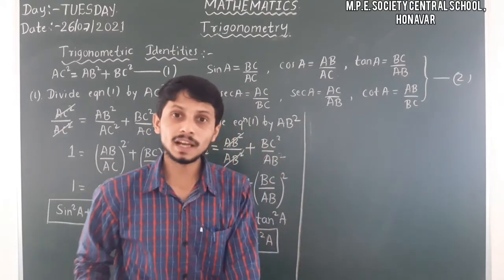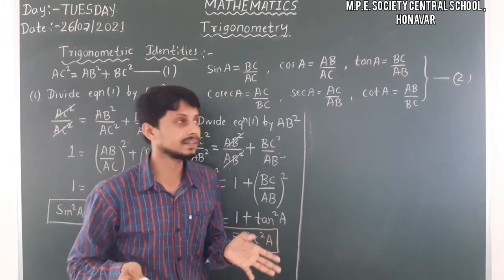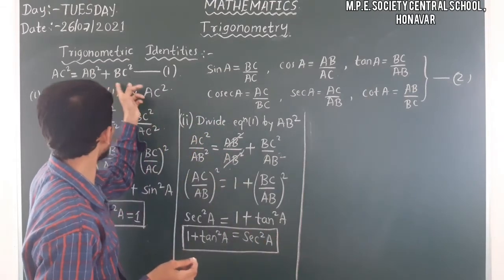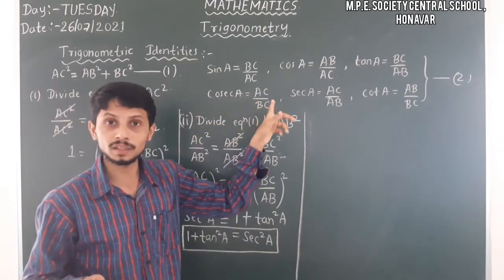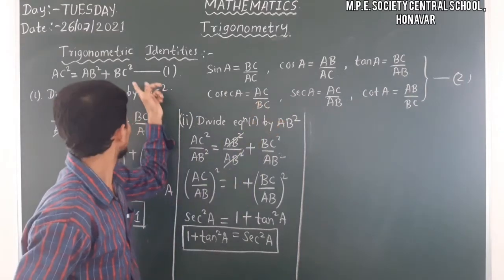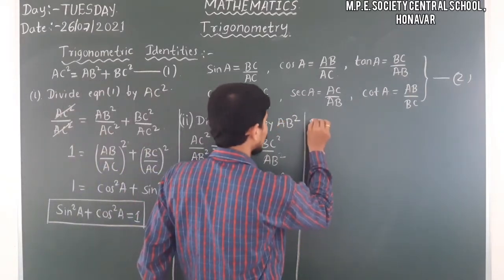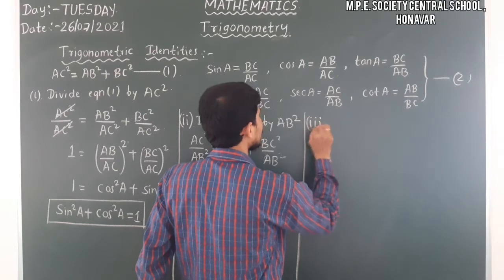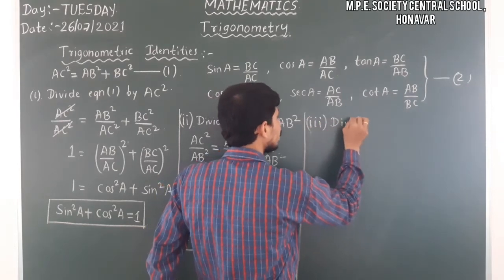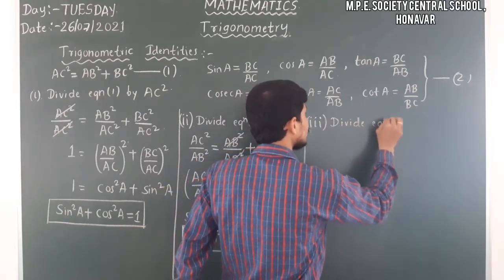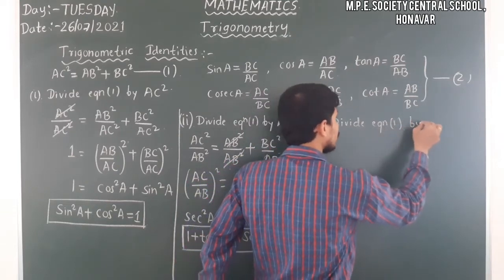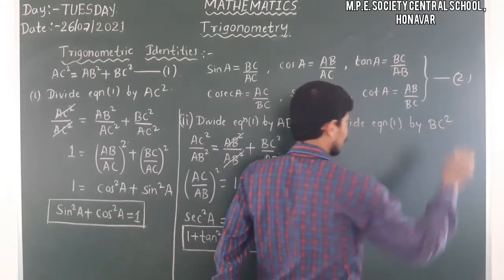The last trigonometric identity, that is the third trigonometric identity: divide equation 1 by BC square.